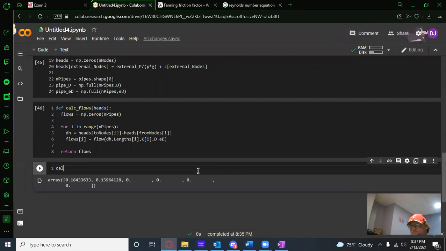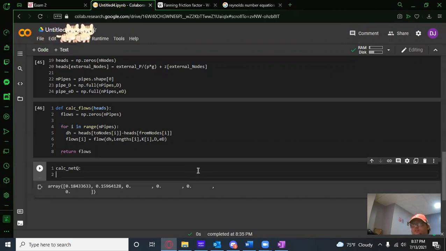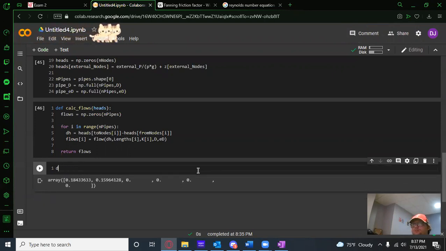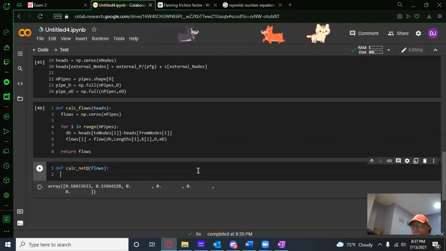So what we're going to be doing is calc net Q. Define calc net Q. This will be taking our flows array.